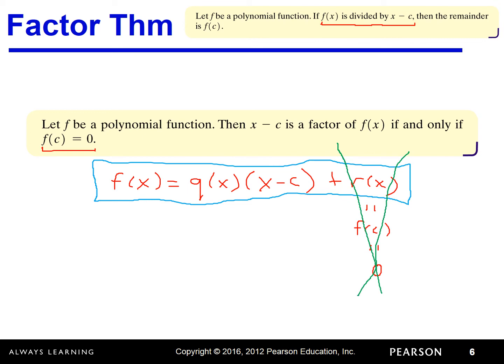And we have that f of x equals q of x times x minus c. And so x minus c is a factor. You can see that x minus c can be multiplied by something to make the f of x. And so x minus c is a factor of f of x.